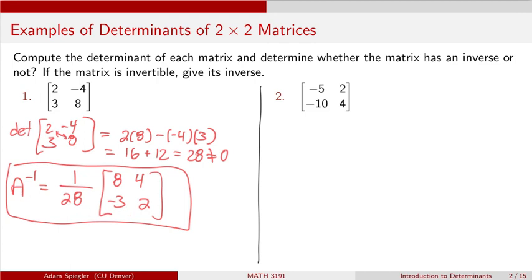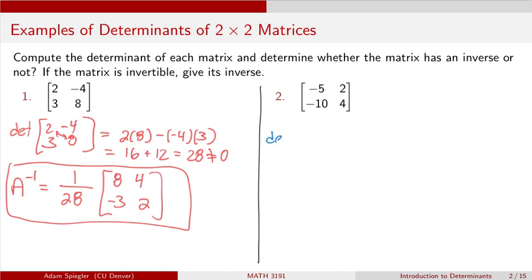In question 2, we want to calculate the determinant of the matrix that has a first column of -5, -10, and a second column of 2, 4. Depending on what we get for the determinant, we'll see if we can find the inverse for this matrix.